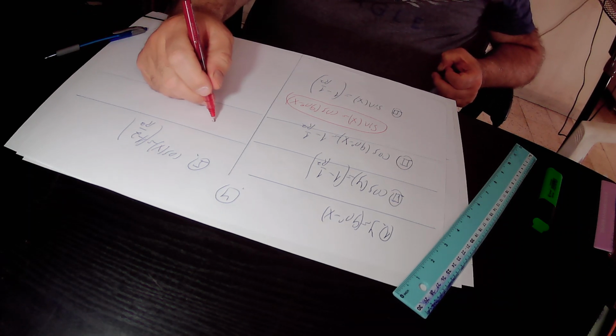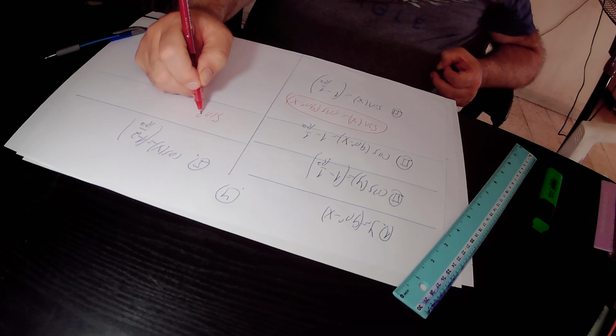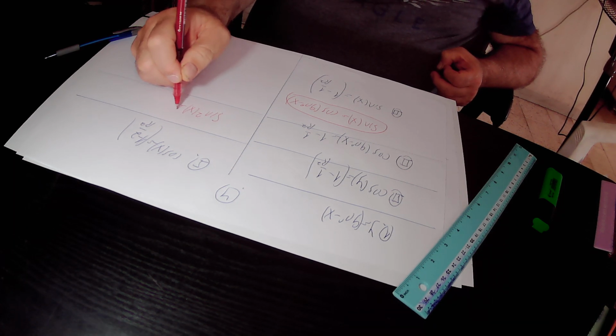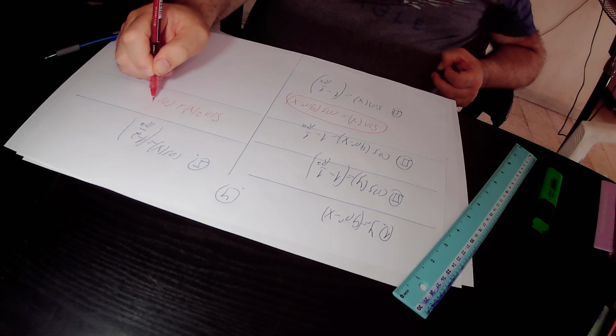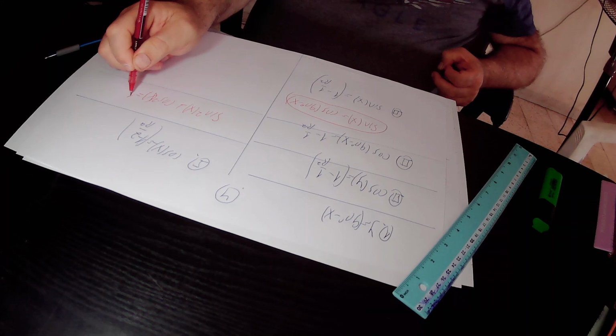It says that sine square x plus cosine square x is equal to 1.